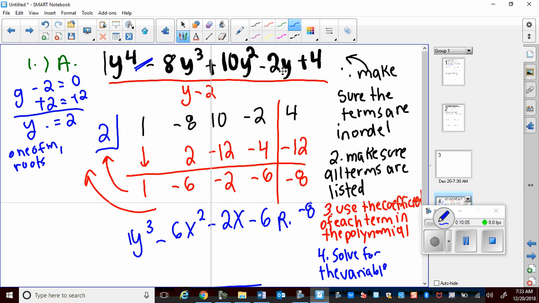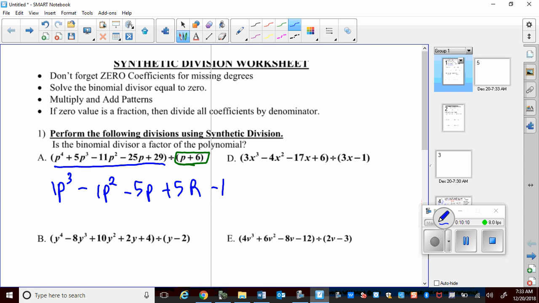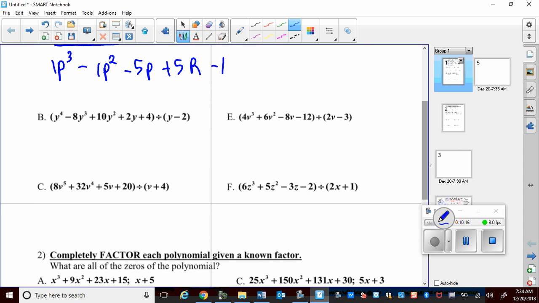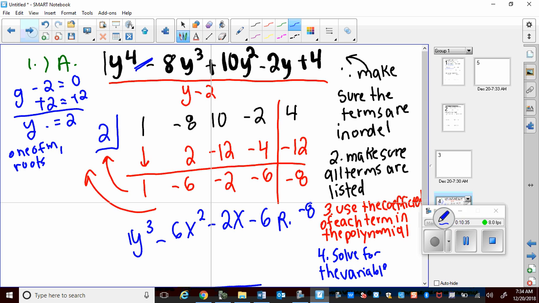We're on letter B. And I get 1y cubed minus 6y squared minus 2y minus 6 with a remainder of negative 8. Moving on.